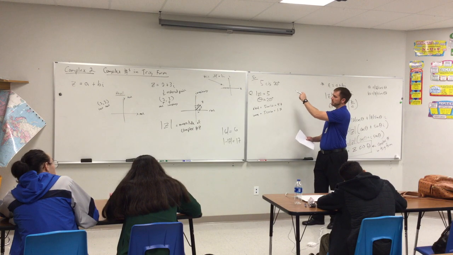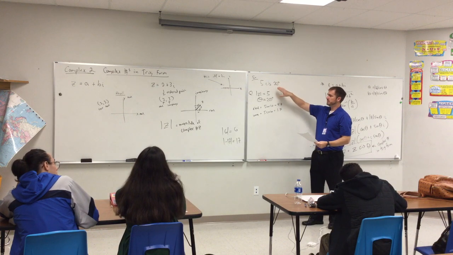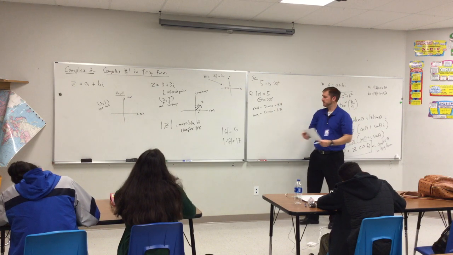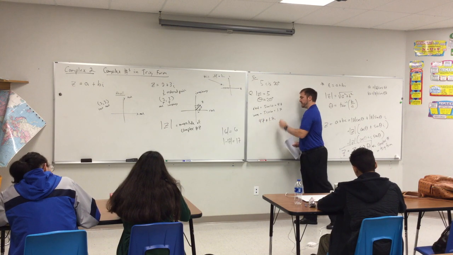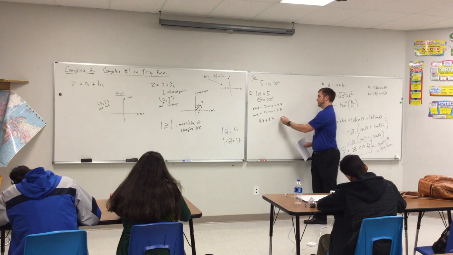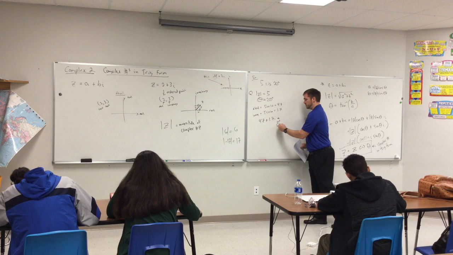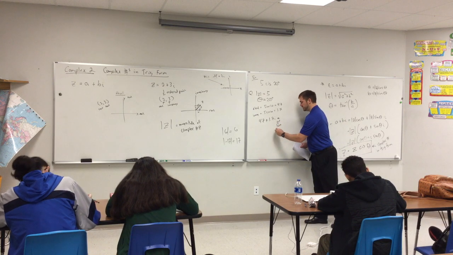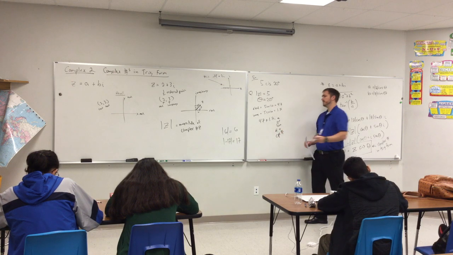So this complex number, in what we would call rectangular form, would be 4.7 plus 1.7i. That's rectangular form of a complex number.